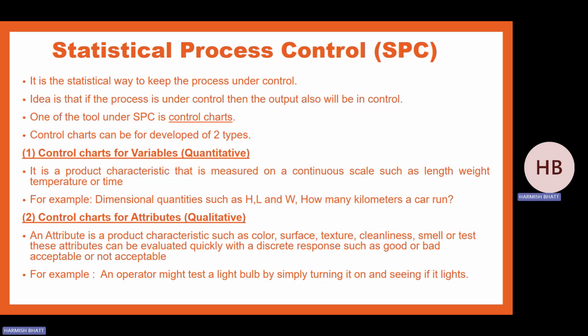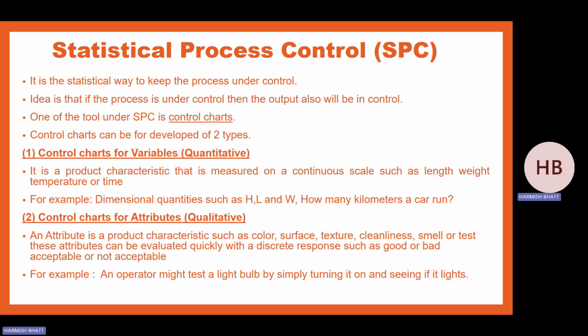Statistical means that we use some tools related to statistics, and then we decide whether the process is under control or not, whether the products manufactured are as per our demand requirement or not. The basic idea behind SPC is that if the process is under control, then automatically the output product also will be in control.